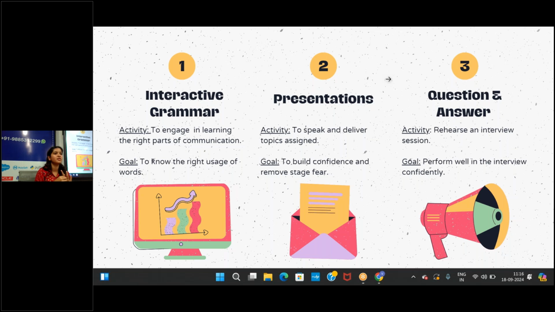If you couldn't do well in the interview, couldn't speak English well, then how will you be able to crack the interview and get a job, right? So the question and answer session is just for that, to help you with interview questions and all the basic needs that you need to carry for an interview. You guys got it?